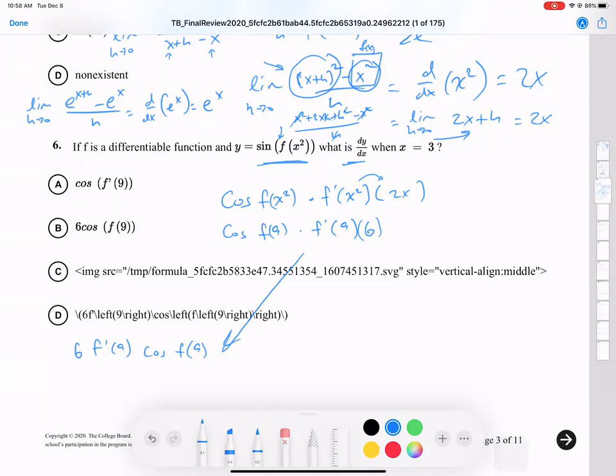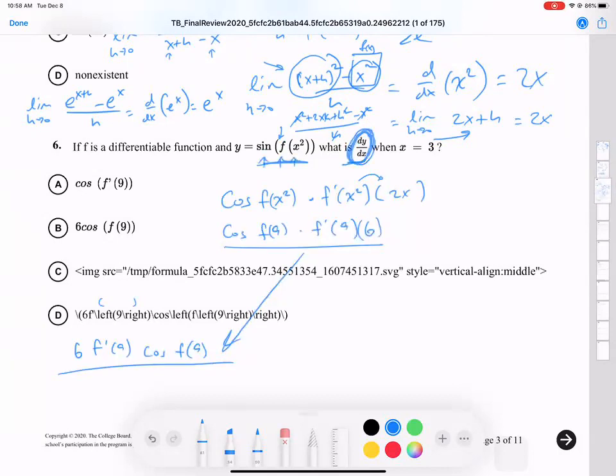Wait, how did you get this formula? They said what is dy/dx? Derivative, right? So when I take the derivative, we have to do chain rule.